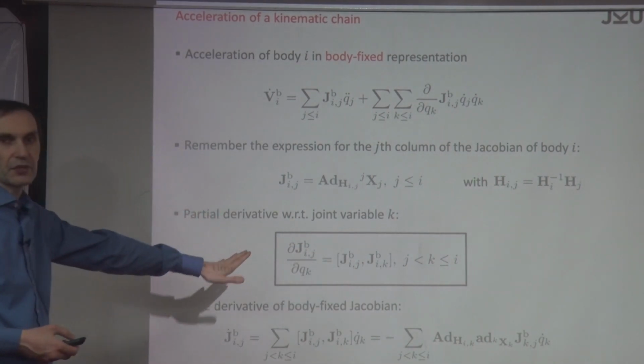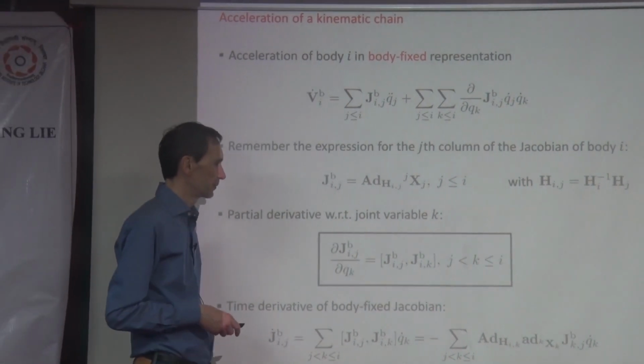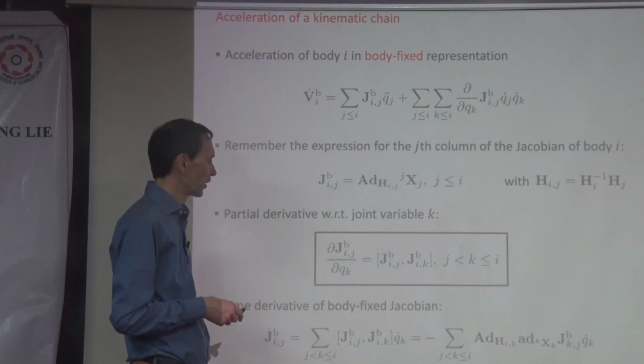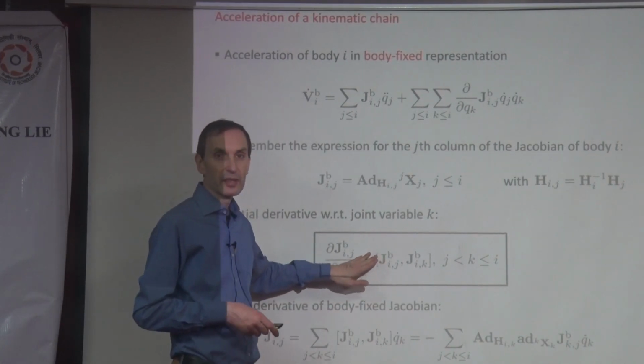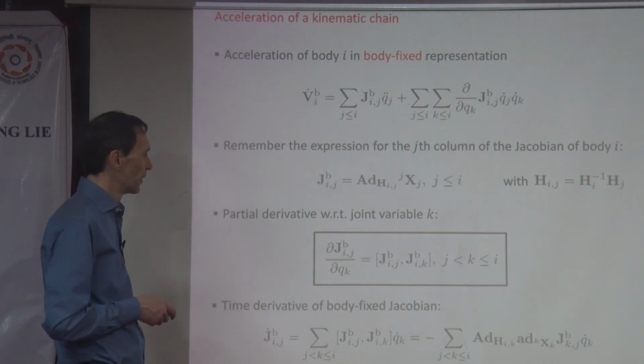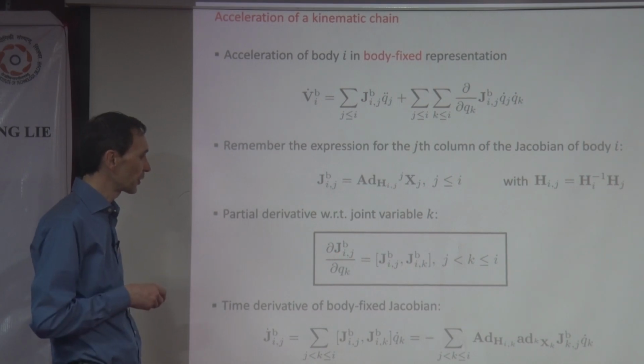And also this equation I'll just give to you because it takes too long and it's maybe beyond the course to derive it. But anyway, this is the result. And this is why we need this screw product. Because it's a very nice result actually.